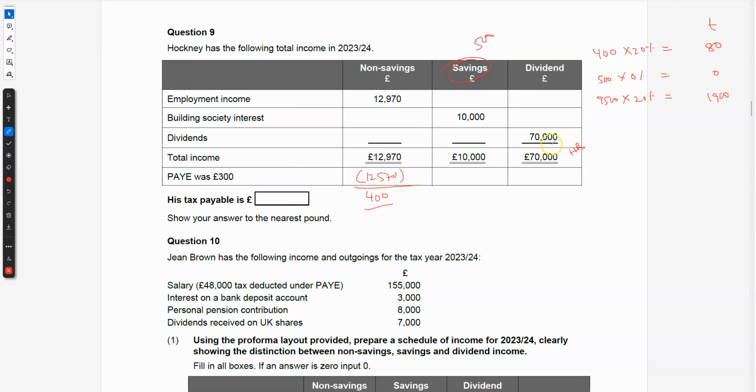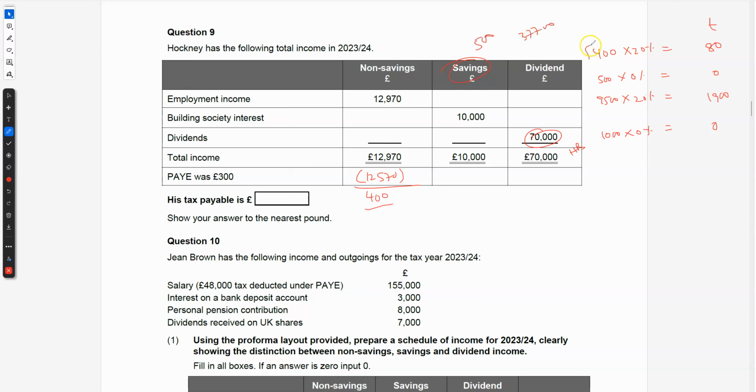Then I have a dividend. Dividend is always free for the first 1,000. So the first 1,000 I'm not going to pay anything, 0%. I need to see how much band for the basic I have left over from 37,700.